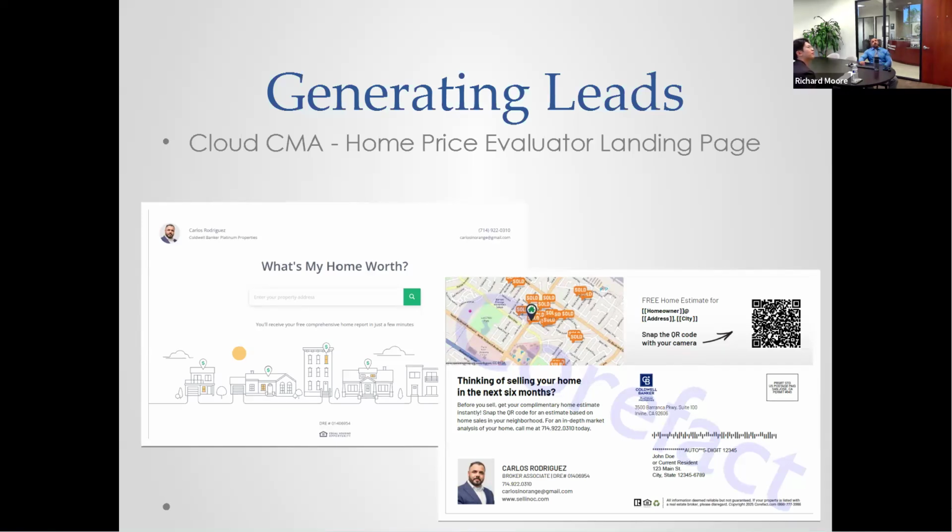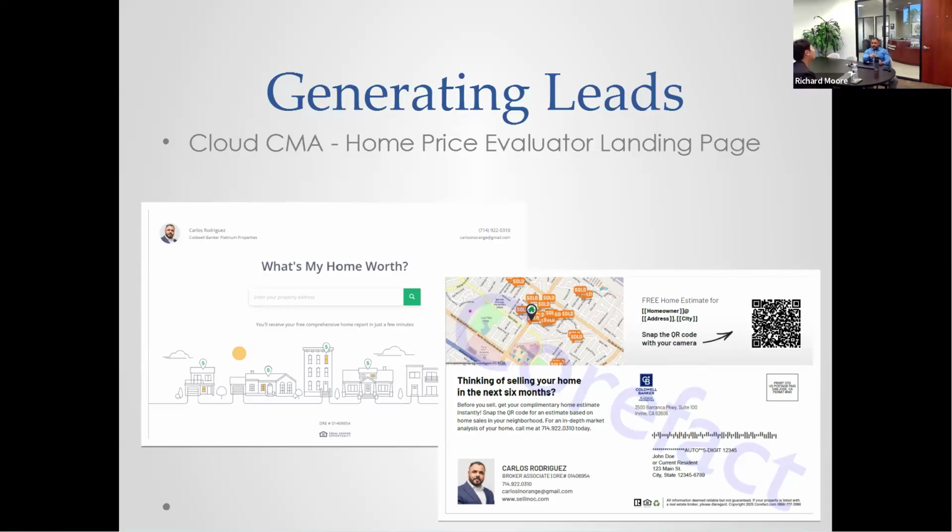I actually just completed an order for my area yesterday to send out flyers. And what this does is really cool. It costs a little under $1 per postcard, but you get a lot for it. You get the designs already made for you, the printing, the postage, and a custom QR code for each property address.